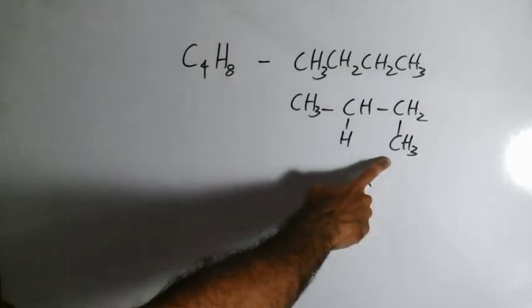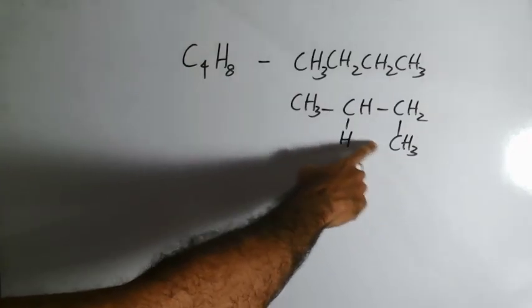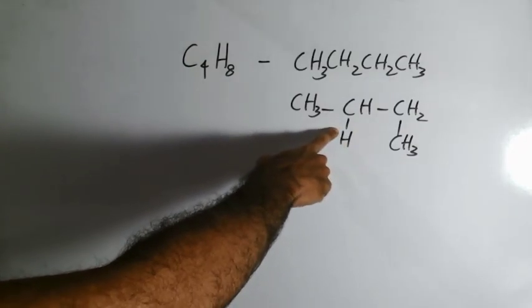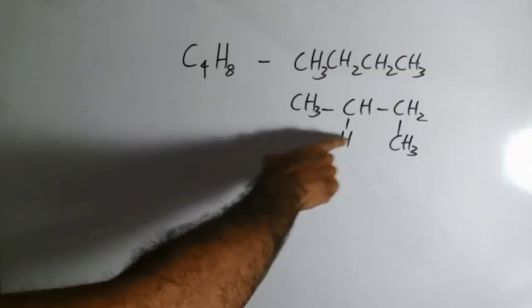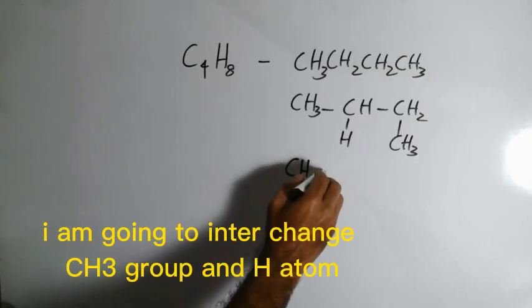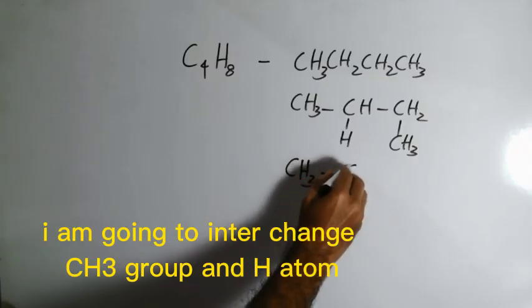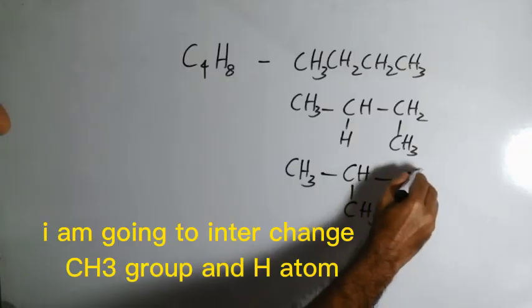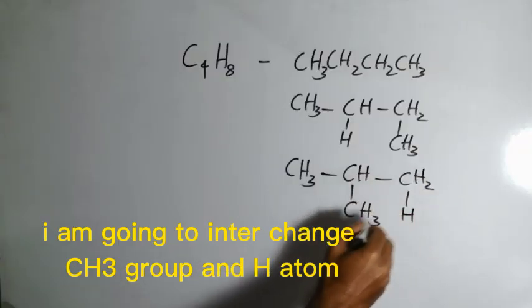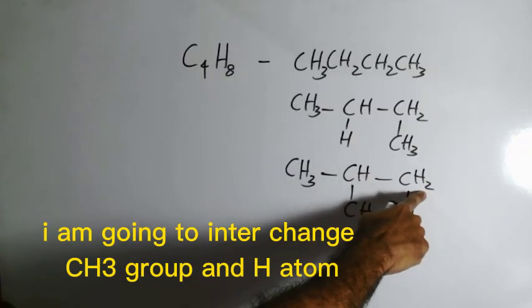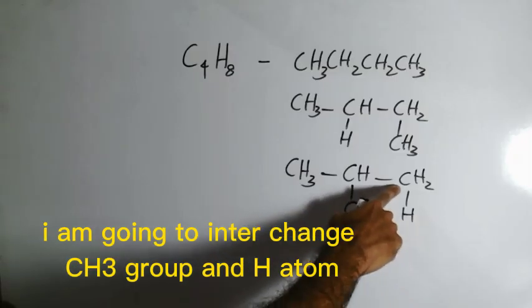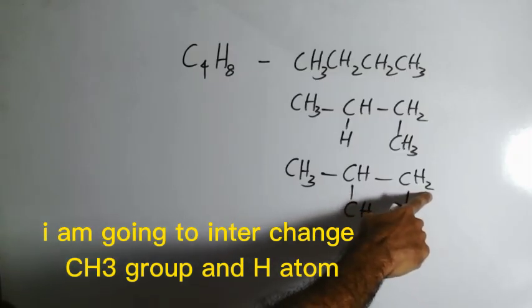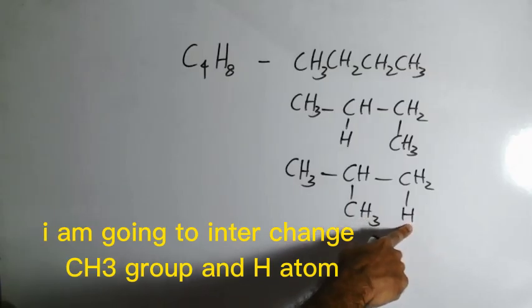Now I am going to remove the methyl group from here and connect here. Then I have to remove this hydrogen from there and connect there. Actually, it is a type of interconversion. So this is actually a CH3 group because this carbon has already two hydrogen atoms with this hydrogen, CH3.